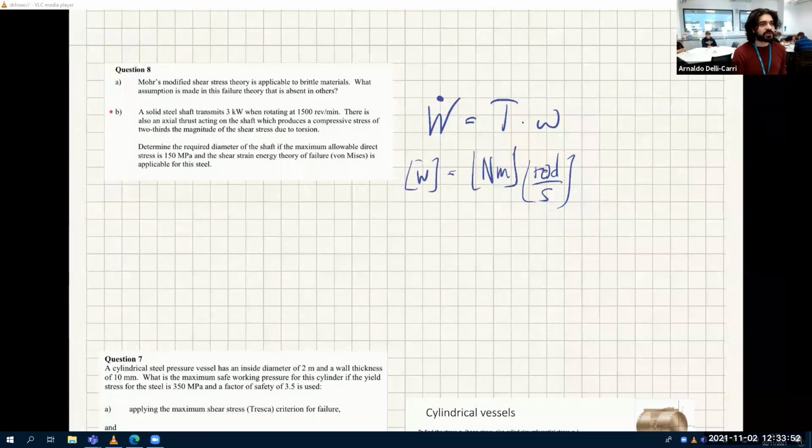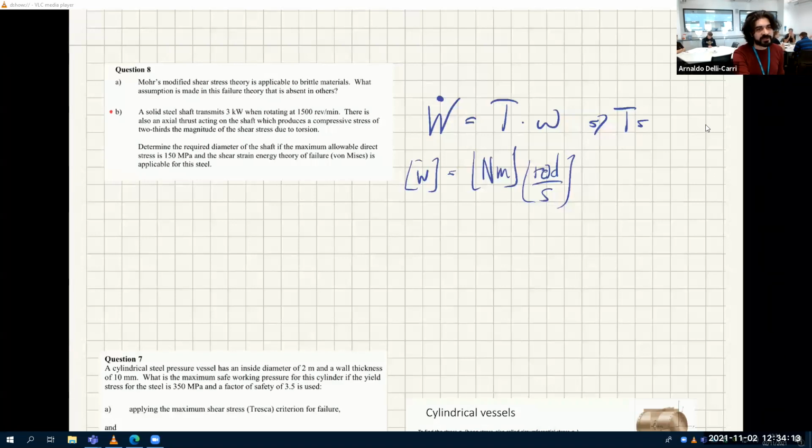All right, how much is T? Because that's what we want to find. We have power, we have angular speed, we want to find T. So how much is T? It's not 2, because you have to convert 1500 RPM into radians per second. So how much is T?